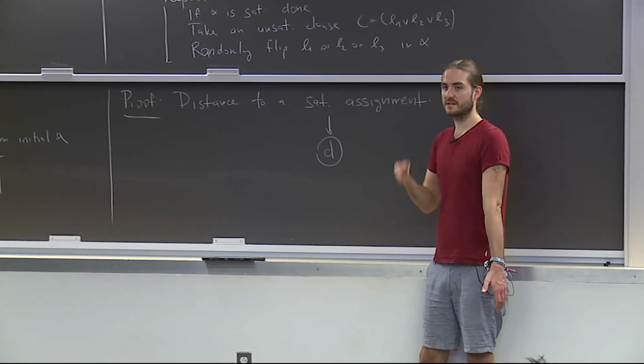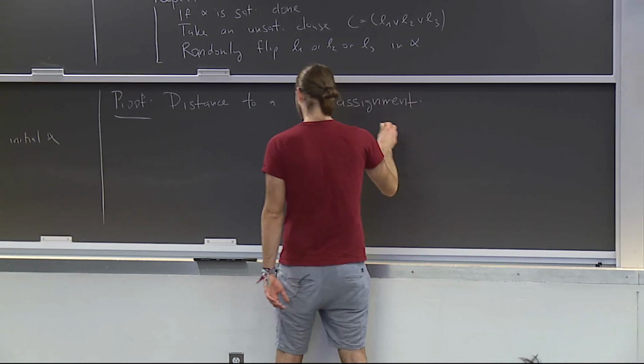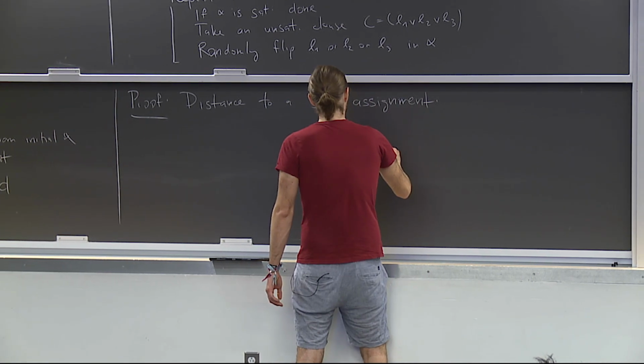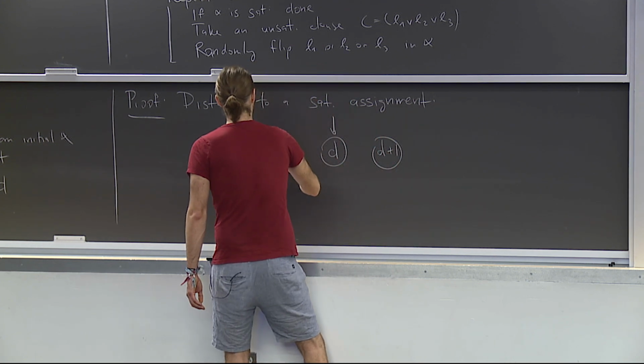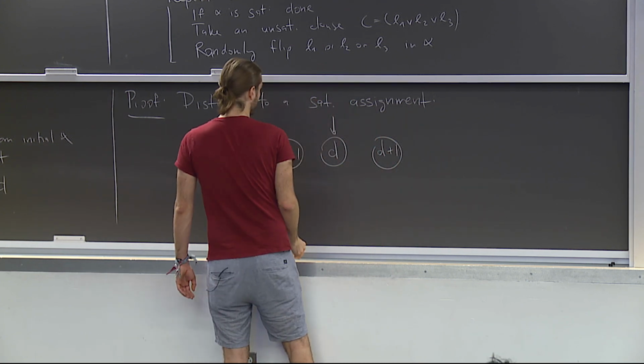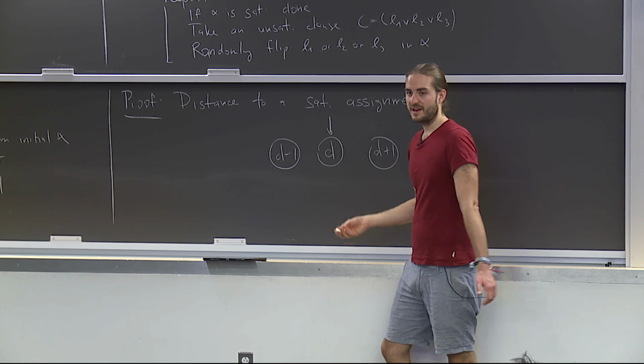In the beginning, the distance is d. In every step, you either increase or decrease the distance to the satisfying assignment. Both can happen with a certain probability.